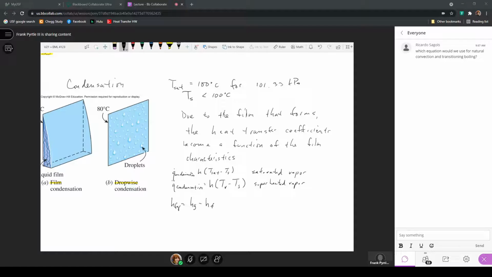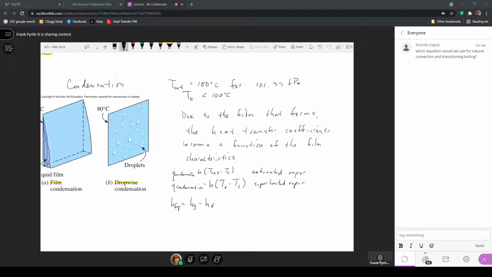But if it's superheated, superheated vapor just has more energy in it than the vapor that exists during the saturated condition.